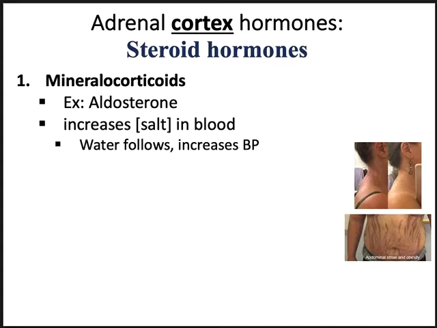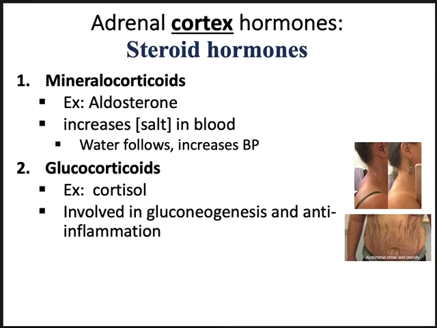All right. Now, you're probably wondering what these images are, and we will talk about those once we talk a little bit about cortisol. So the glucocorticoids are mostly known for cortisol, and some of the most known functions of cortisol involve gluconeogenesis and also anti-inflammation, or reducing inflammation.